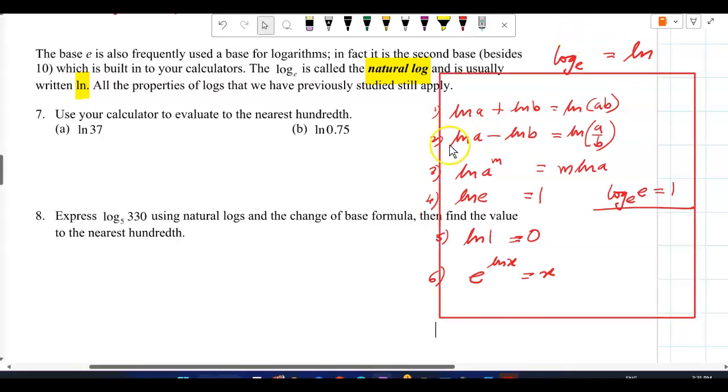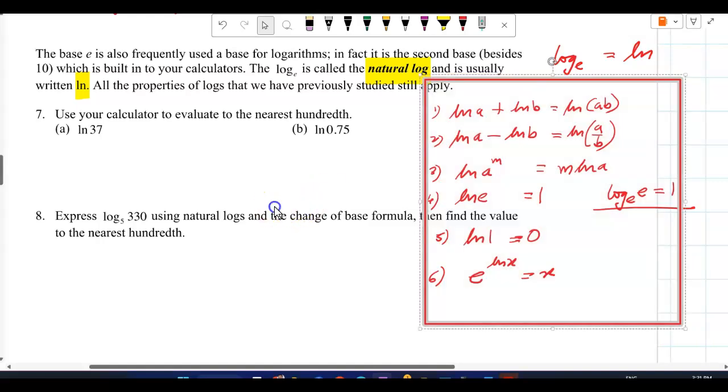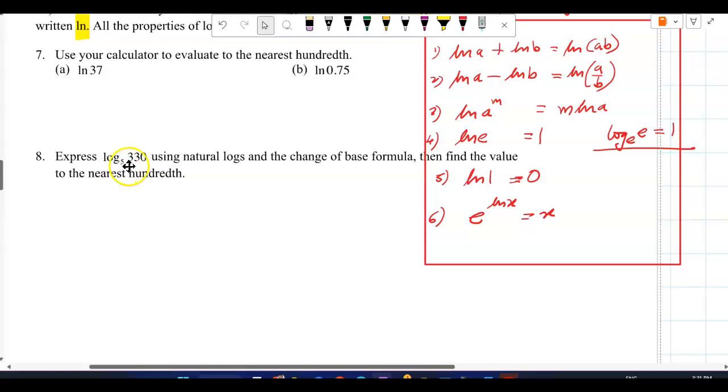Now, with the calculator, find out ln of 37. Next, express log 330 to the base 5 using natural logs and the change of base formula, and then give the value to the nearest 100th.